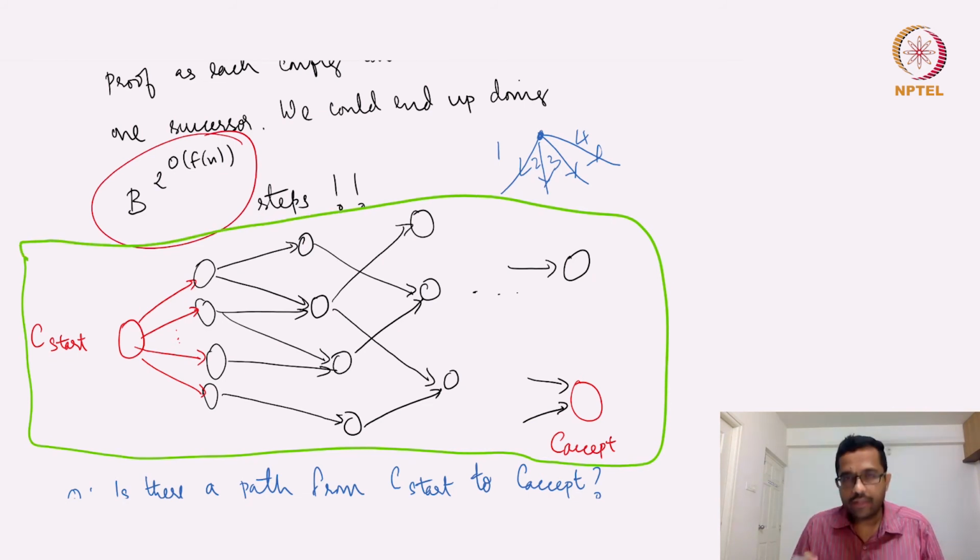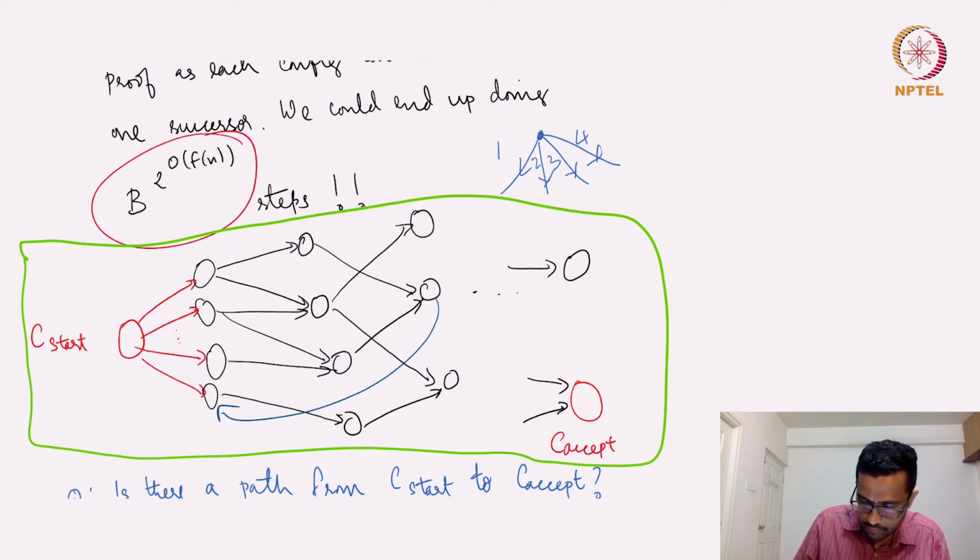We draw each configuration only once. We have the starting configuration for a specific input. There are a bunch of successors, and it's possible that two successors share a successor, right? Maybe even things like this are possible. From the second state, you may come to something like this. All these things are possible.